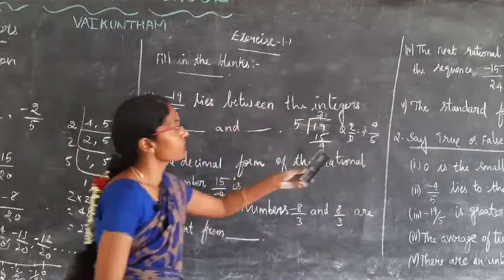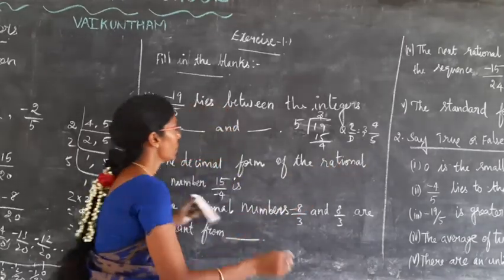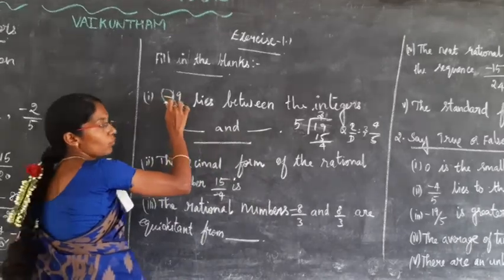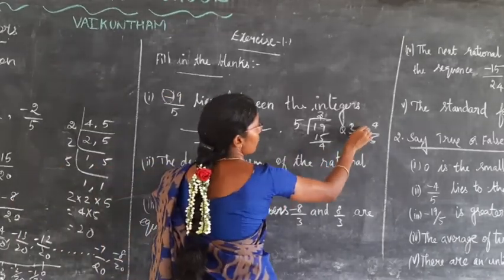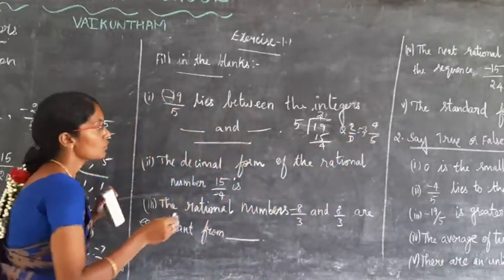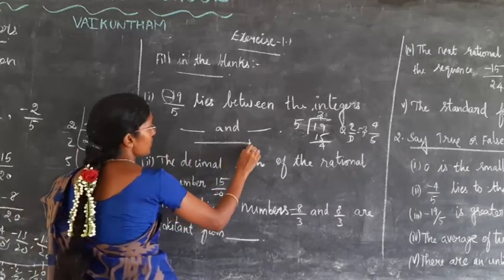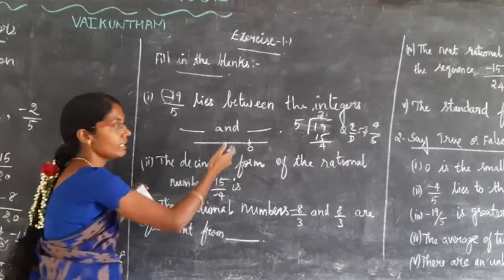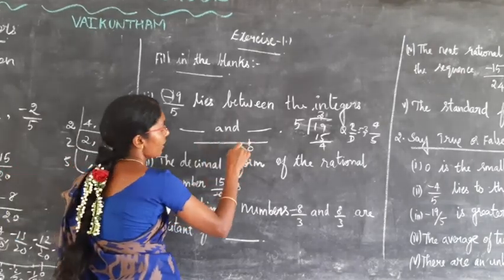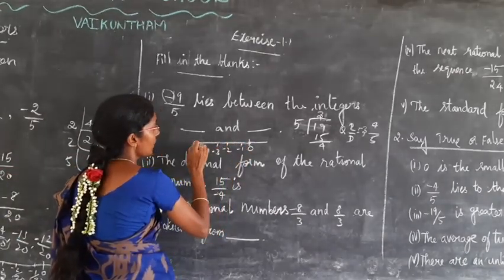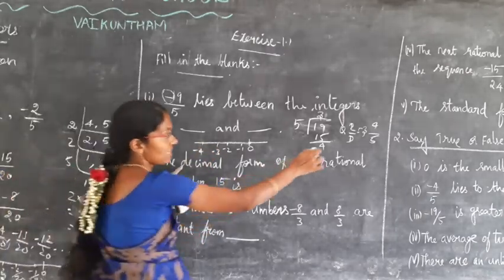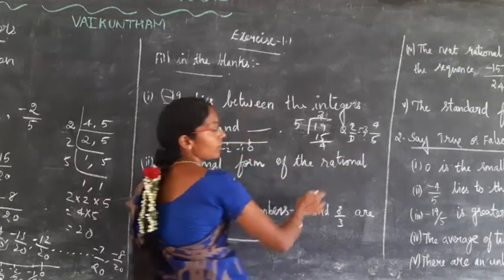Okay, how will you represent this on the number line? This is also a negative number, so a negative rational number. This is 0, and negative numbers will be present on the left. So minus 1, minus 2, minus 3, minus 4. Okay, so minus 3, 4 by 5.